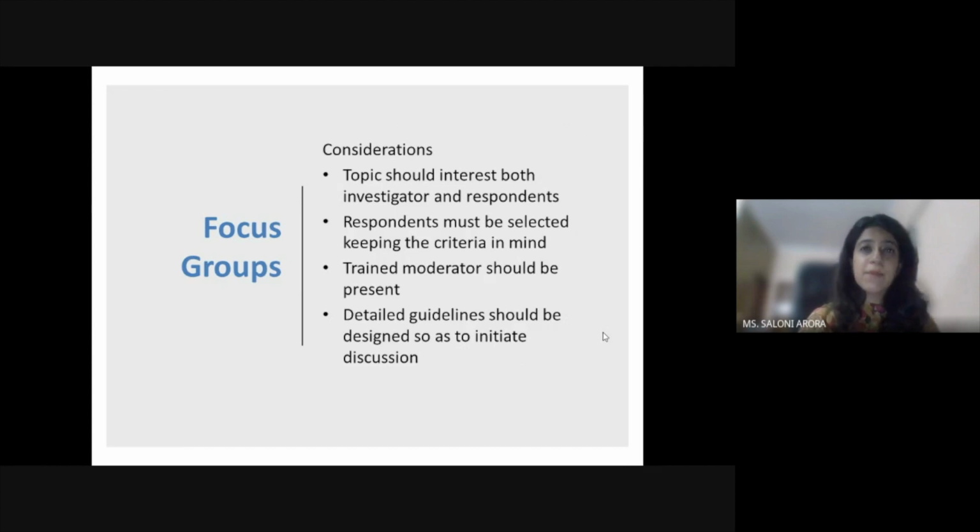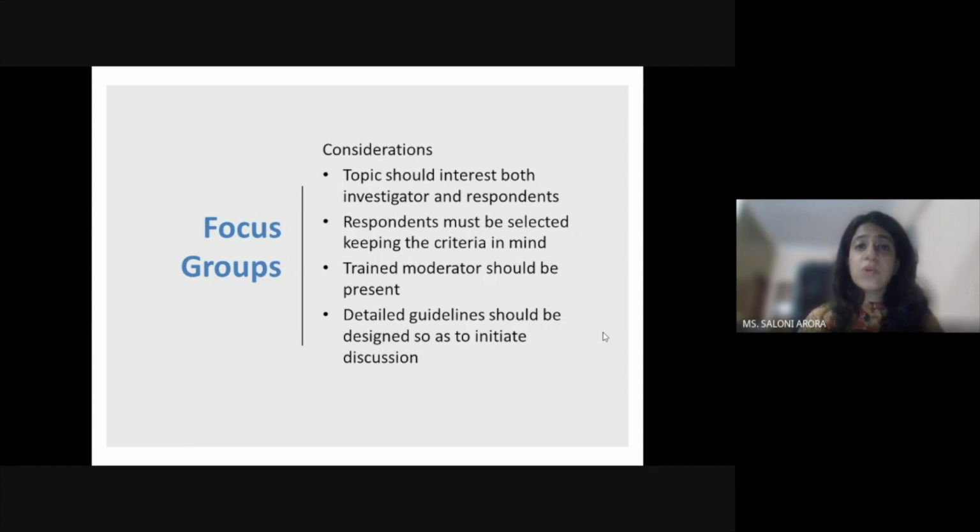They feel happy about the interaction, they want to talk about it more. So definitely the selection of the candidates, the selection of the respondents has to be very carefully planned, because if the topic is not of interest, you're not going to get any fruitful results.